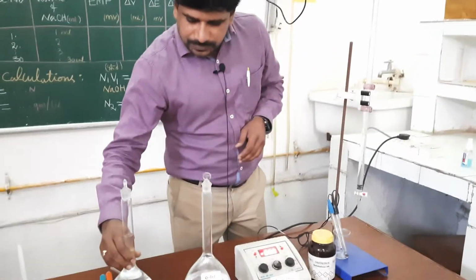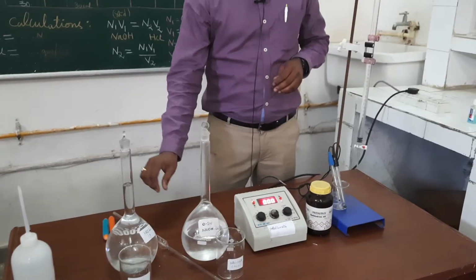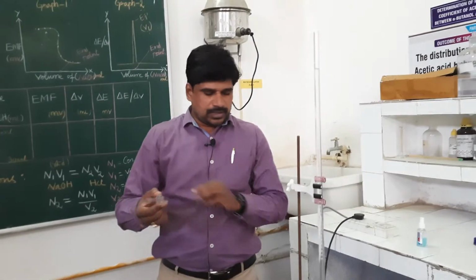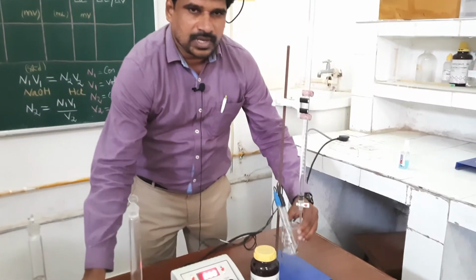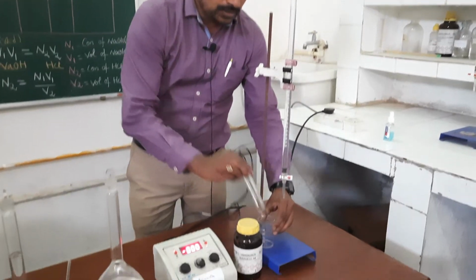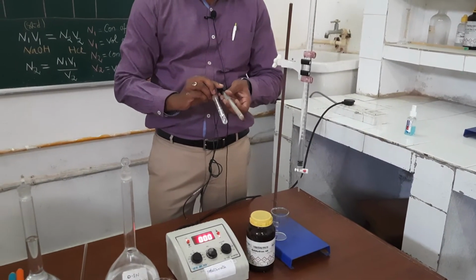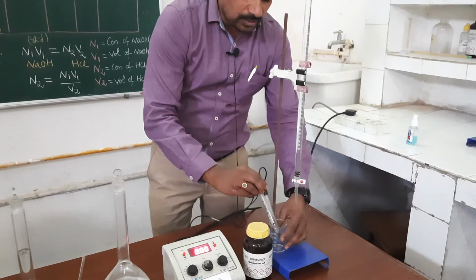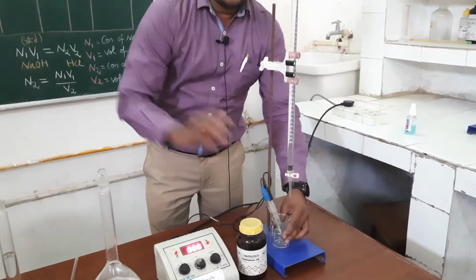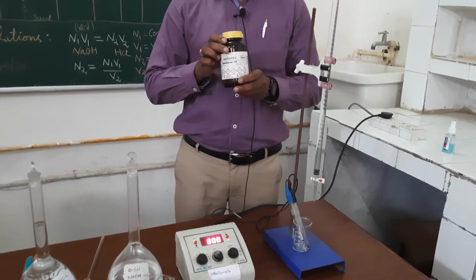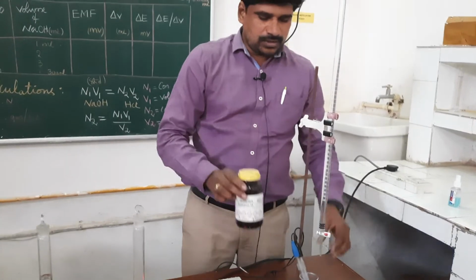Then pipette out 20 ml of HCl into the beaker and add two electrodes: the first one is the calomel electrode and the next one is the platinum electrode. Dip them into the beaker and add a small quantity of quinhydrone into the mixture.